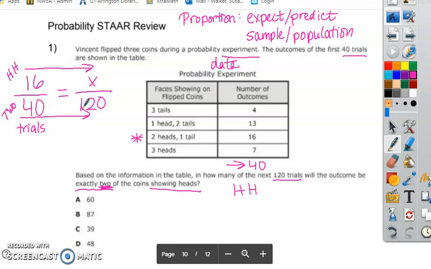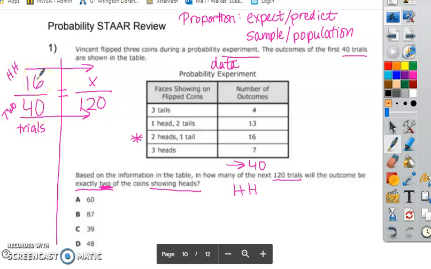Now, our job is to cross multiply, right? This is where some of us are making our mistake. Now, if you think this will make it easier, you can simplify this, okay? So I know I can divide the top and bottom by 2. I know I can divide the top and bottom by 4.